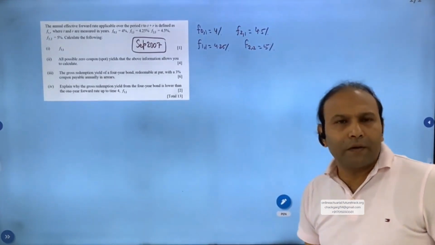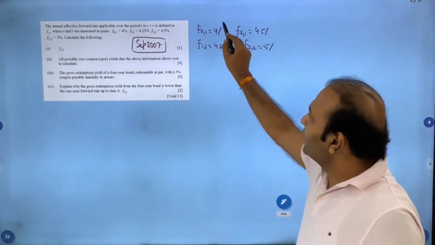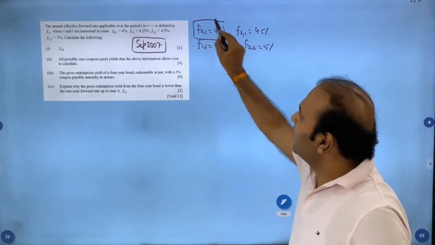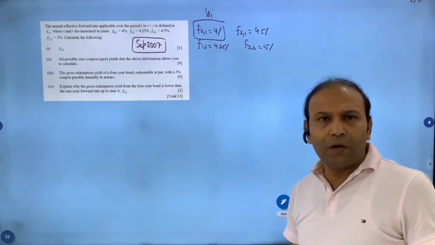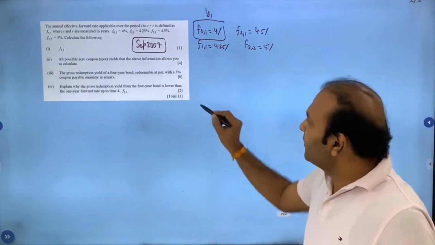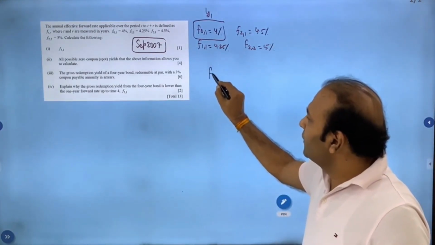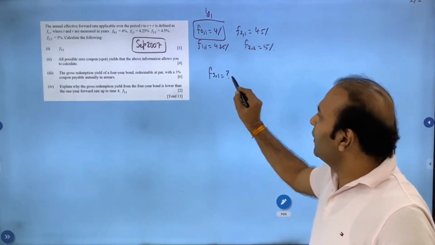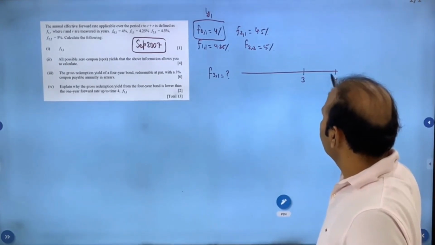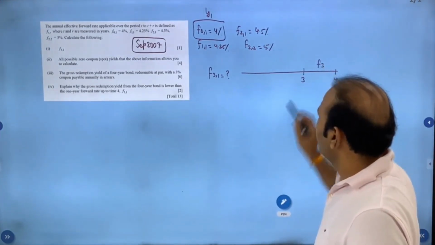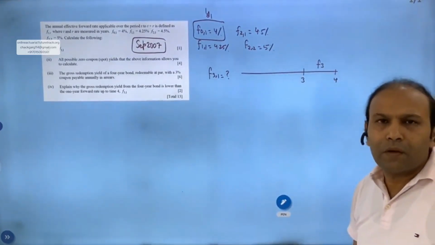All forward rates are given, guys. Plus f01 is nothing but y1 only, right? I already told you that. So class, first part we have to find f3 comma 1. Now 3 comma 1, if you check on the number line, it is the rate between 3 to 4. We can write f3 also, right?